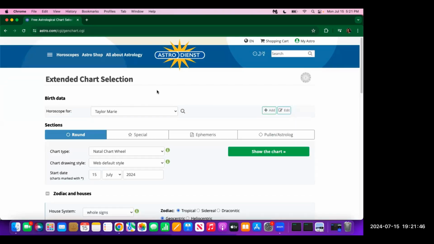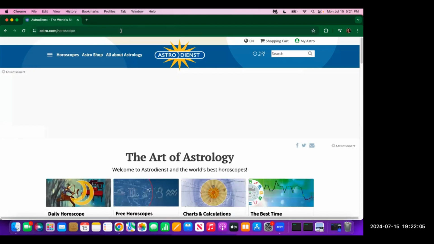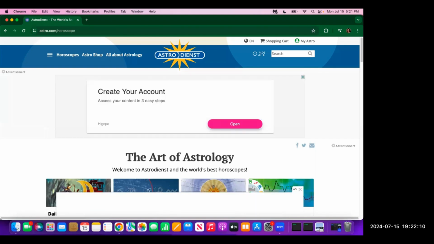Now, this is where you guys might get a different screen than me because I already have an Astro account. Let me see, I see something coming through. Where is the charts and calculations? Good question. So when you go to astro.com, it's right in the beginning. On the home page, it will say the art of astrology.